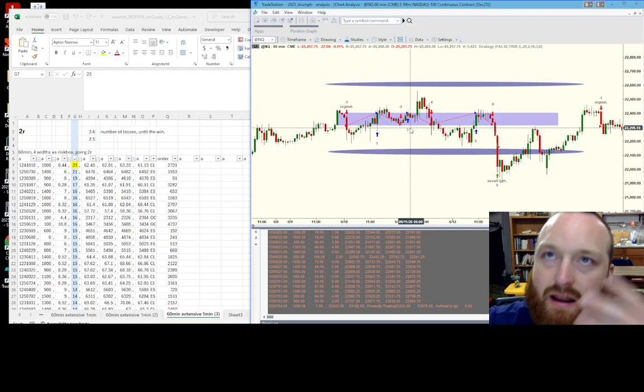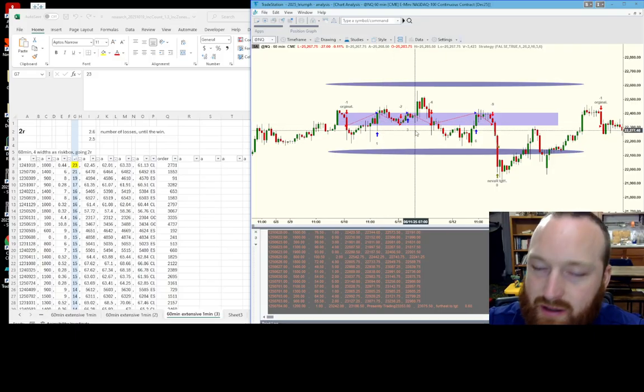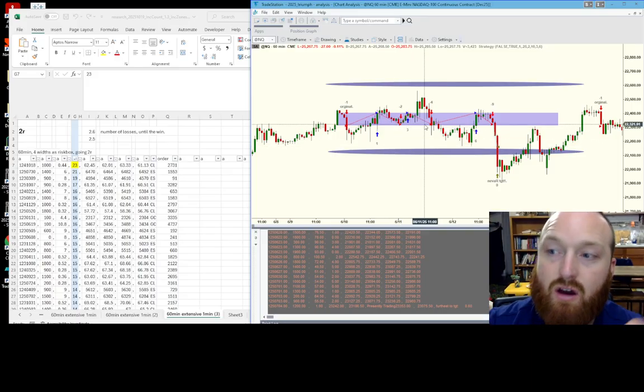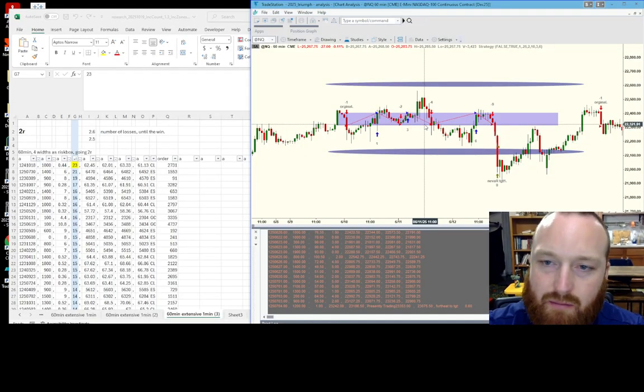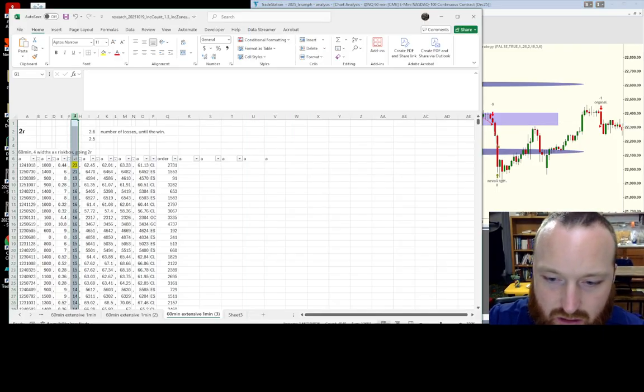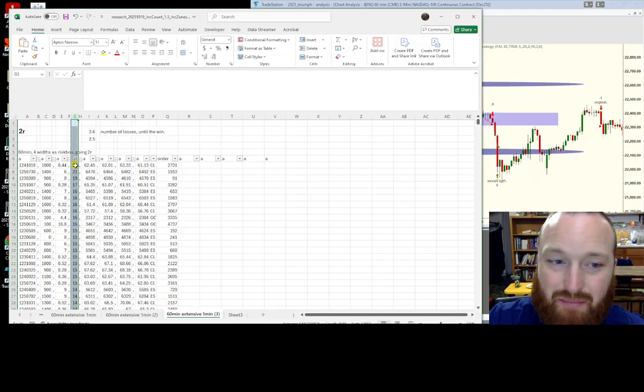We lose again, now we're down 2, but then we make a 2R. So -2 plus 2 is equal to 0, so we actually get break even. It's overall a break-even system with 5,000 iterations. It's not even 5,000 trades, it's 5,000 campaigns of trades.